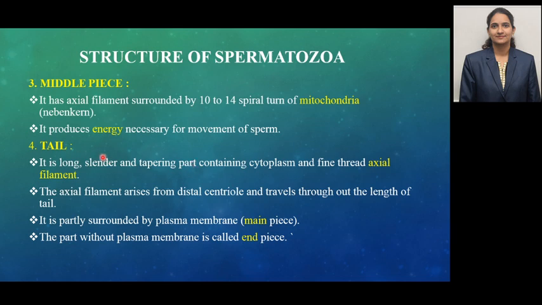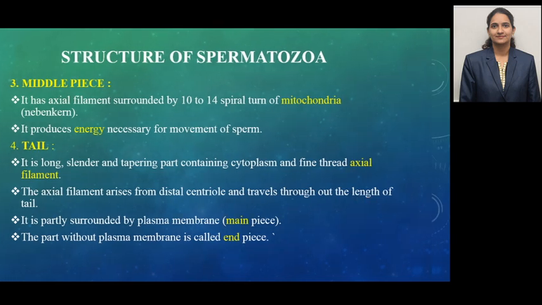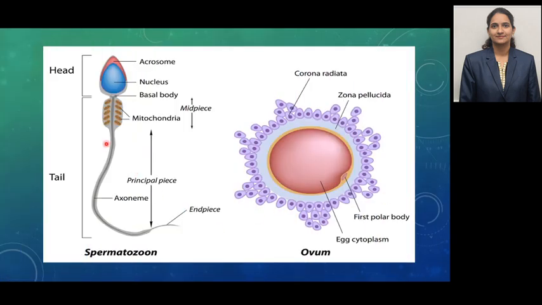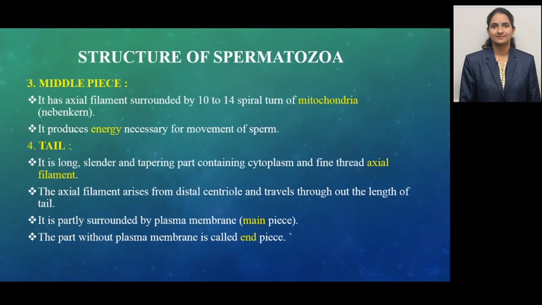Then move towards the tail region. It is a long, slender and tapering part containing cytoplasm and fine threads of axial filament. The axial filament arises from the distal centriole and travels throughout the length of the tail along with cytoplasm.